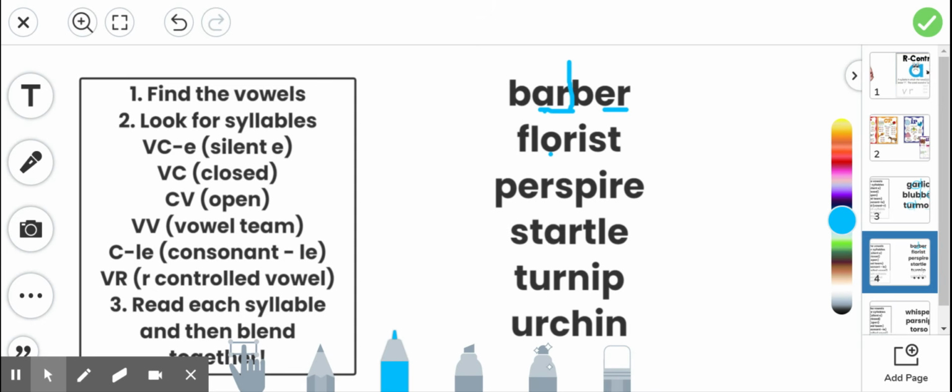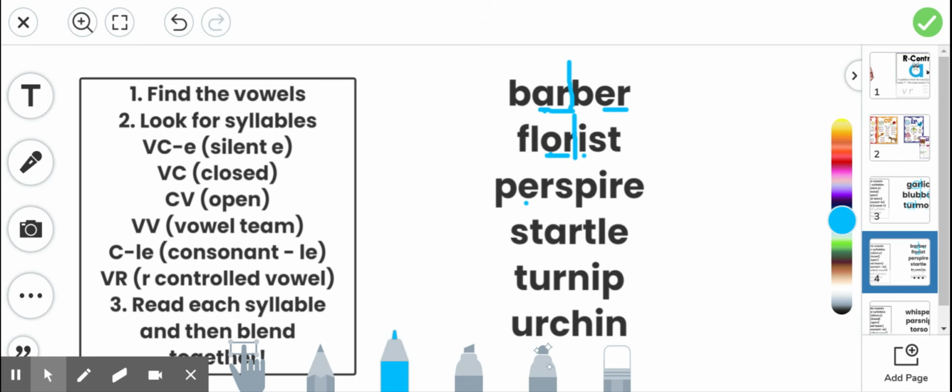Next we have O and I, and the O has an R with it, so they're going to stay together. My I is right afterwards, so we should separate right after our R. So I have flor, ist, florist.